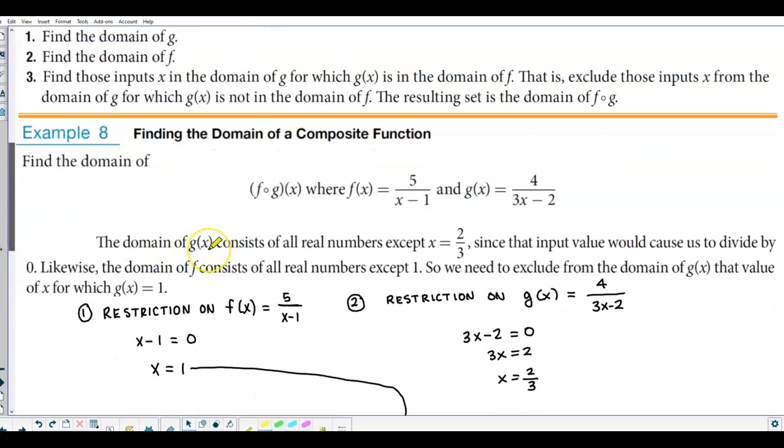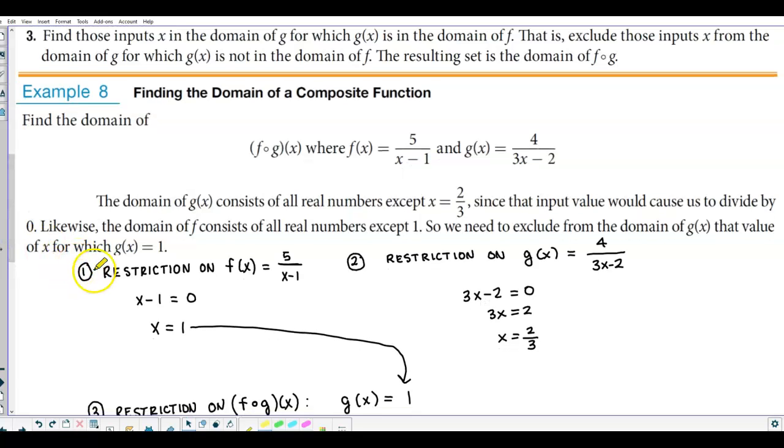Now, the domain of g(x) consists of all real numbers except x equal to 2/3, since that input value would cause us to divide by 0. Likewise, the domain of f consists of all real numbers except 1. So we need to exclude from the domain of g(x) that value of x for which g(x) is equal to 1.